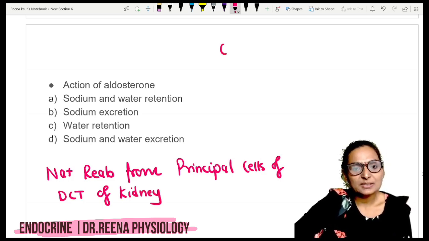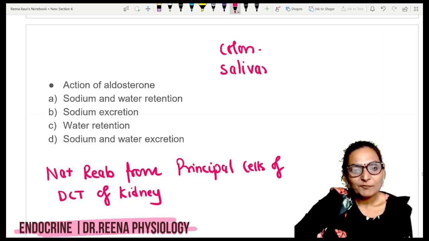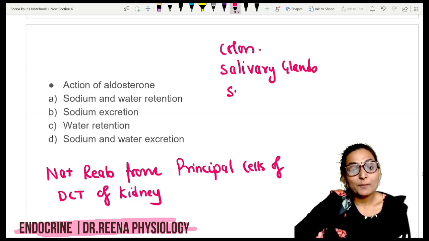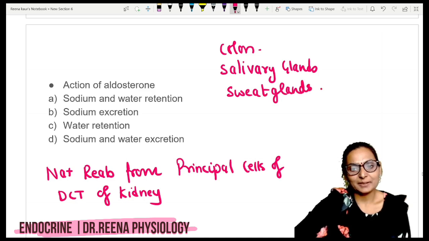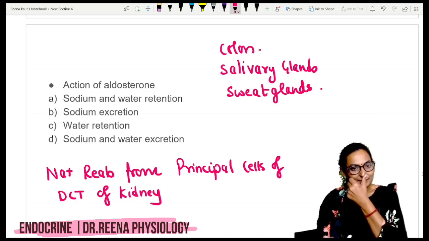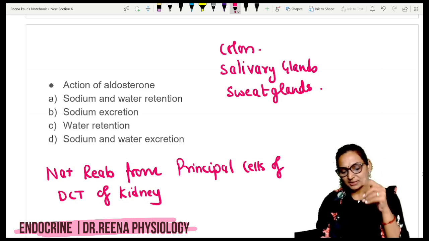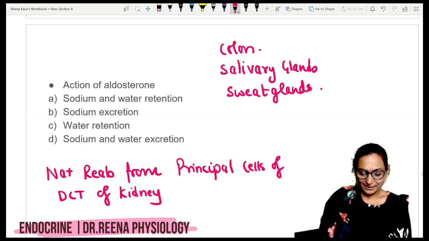It also causes sodium reabsorption from the colon, from the salivary glands, and also from the sweat glands. So everywhere there is a possibility of sodium loss, it will bring about sodium reabsorption.